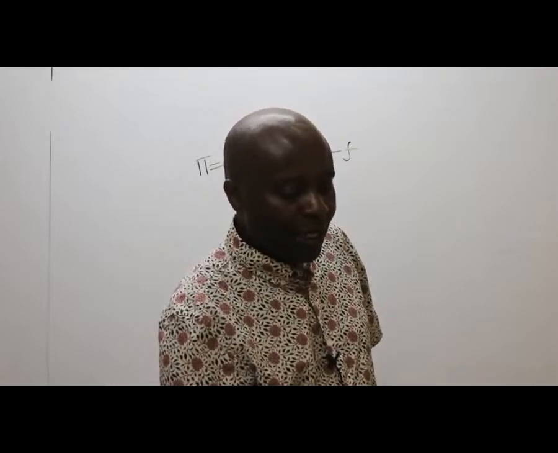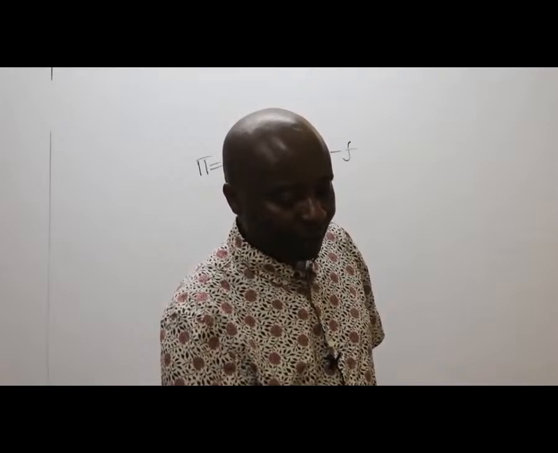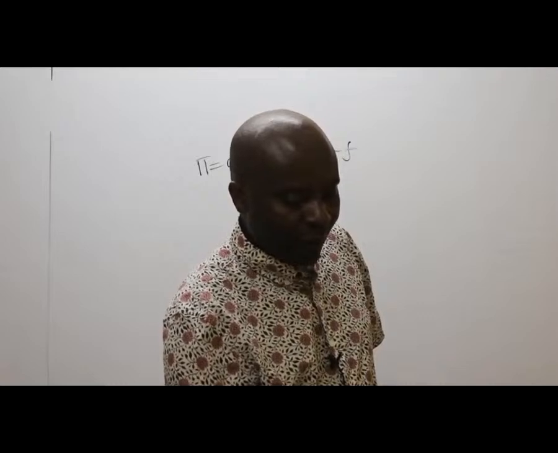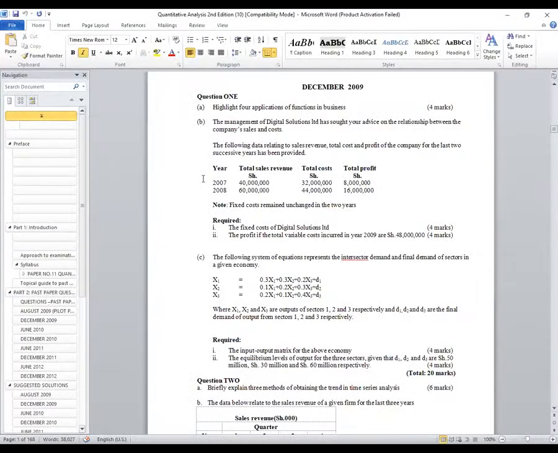And if you're saying yes, what makes you think that he has given us the 2 points? It is because he has given us 2 years. You can see we have year 07 and year 08. Those are the coordinate points that I'll use to establish my straight line.